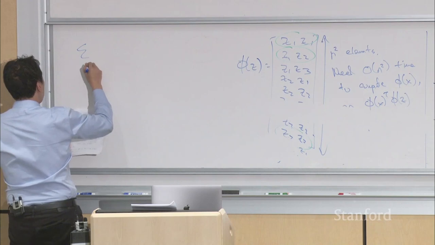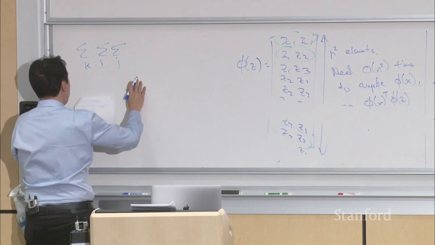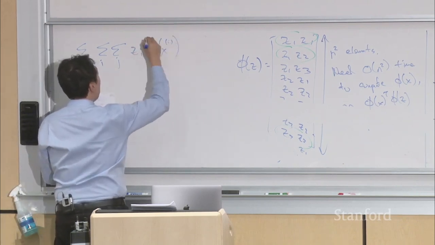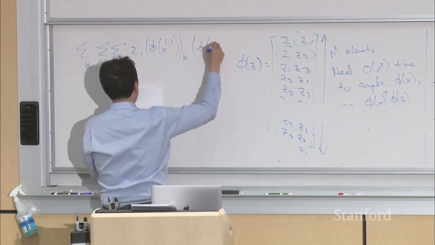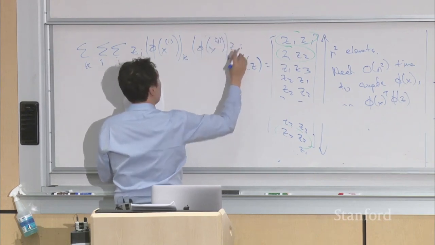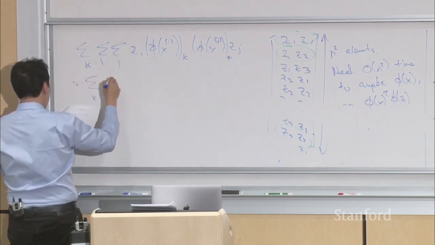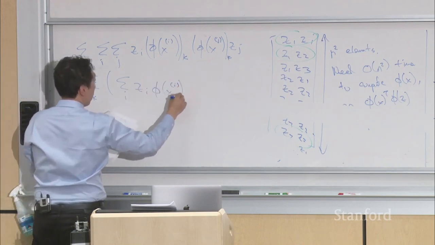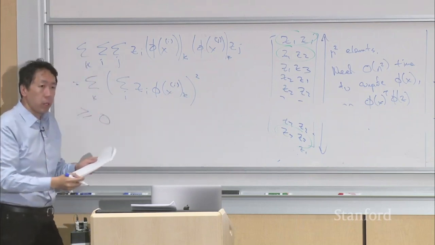So rearrange sums: sum over k, sum over i, sum over j, z_i, phi of x_i subscript k, times phi of x_j subscript k, times z_j, which is sum over k of (sum over i z_i phi of x_i subscript k) squared, and therefore this must be greater than or equal to 0.